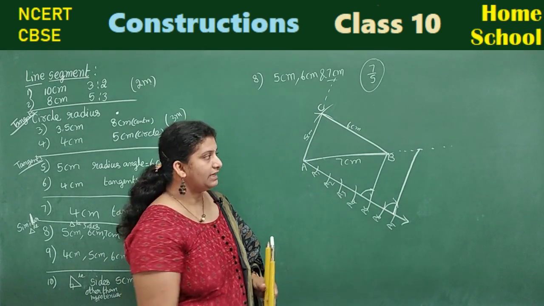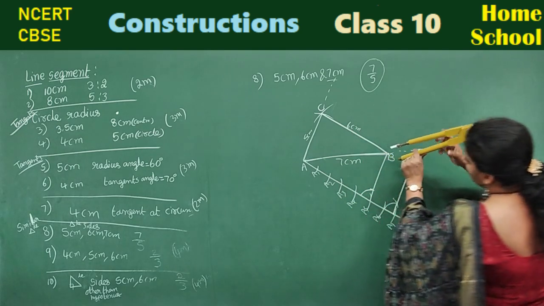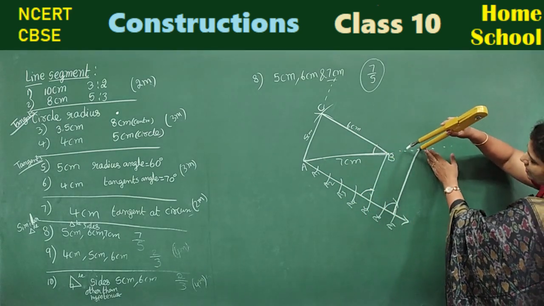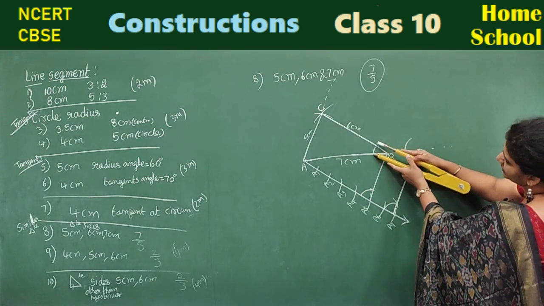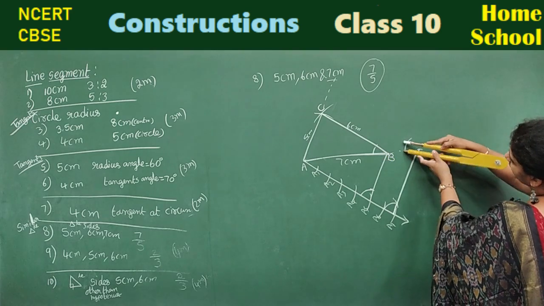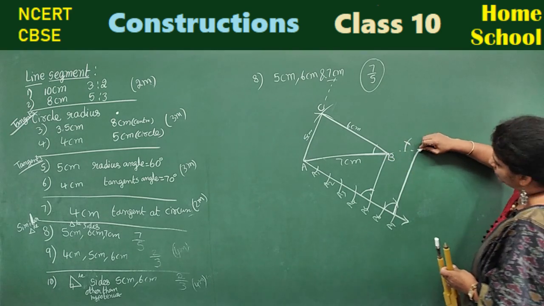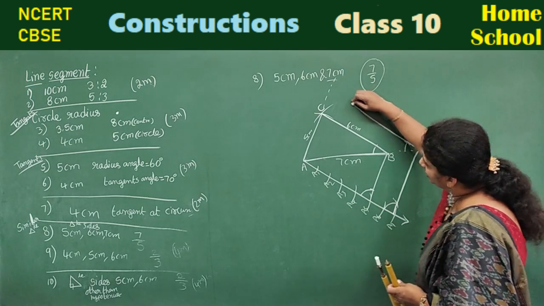Okay. And now in the same manner, from here, observe from B. Again, do the arc. And again from this point, do the arc. Go back, measure and cut. Okay. Now, when you are joining these 2 points, try to extend.